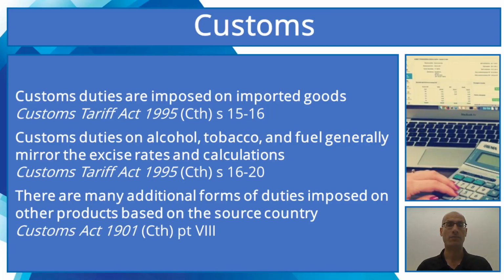So note that customs and customs duties are collected by the Customs Department, and that money is then transferred, so to speak, through the tax office to the general fund. So the excise is collected from and through the ATO, whereas things that are collected at the border functionally are done so by customs themselves.